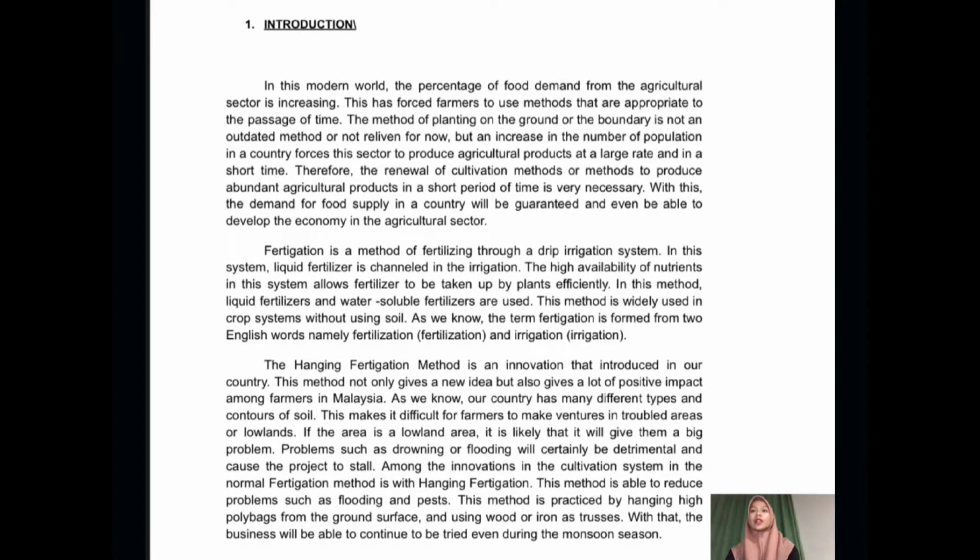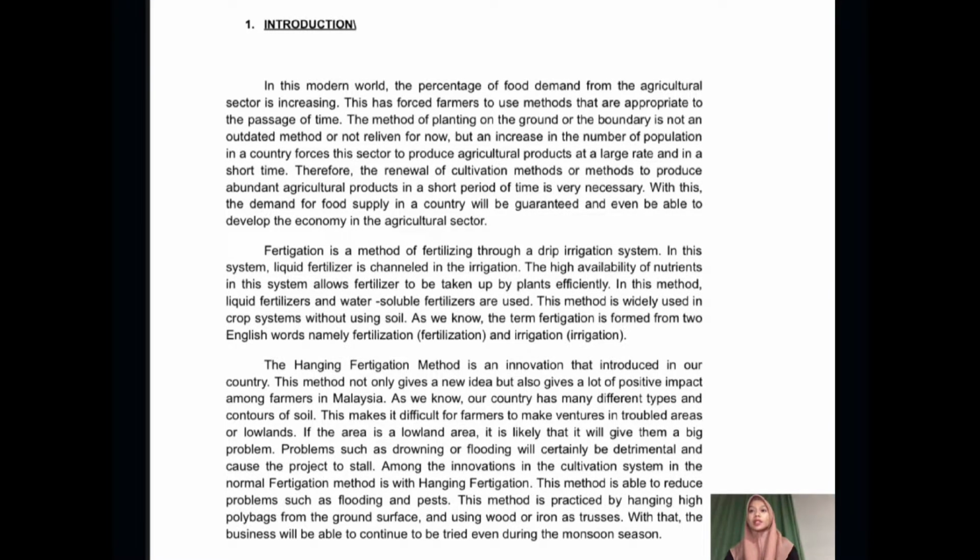This makes it difficult for farmers to make ventures in troubled areas or lowlands. If the area is a lowland area, it is likely to give them a big problem. Problems such as drowning or flooding will certainly be detrimental and cause the project to stall.